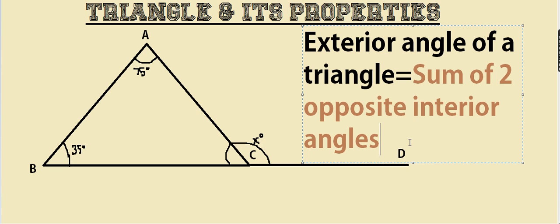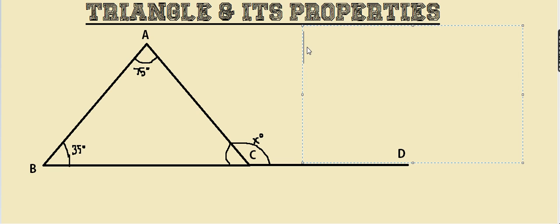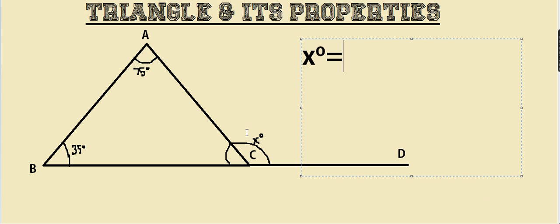Here the exterior angle is X, so I will write X equal to this. The theorem says the exterior angle is equal to the sum of opposite interior angles. So opposite interior angles we have is 75 plus 35.